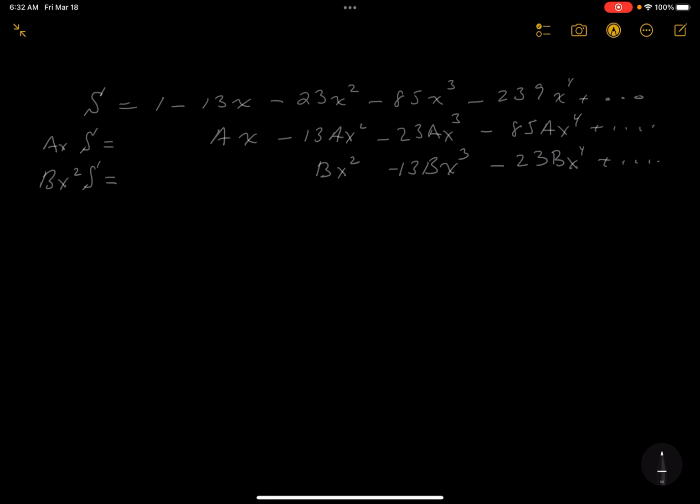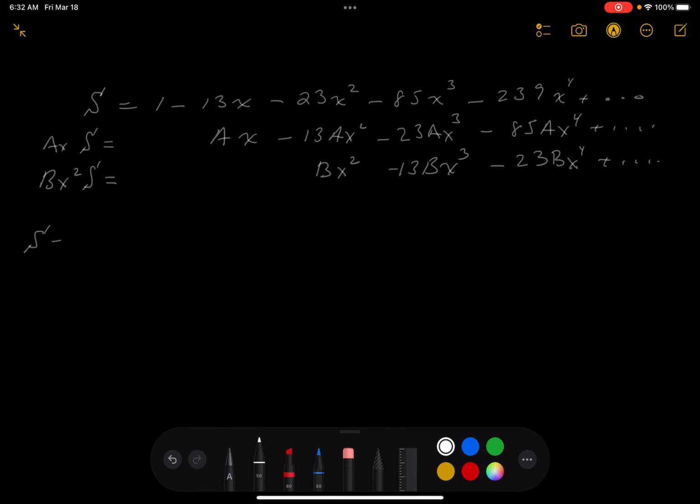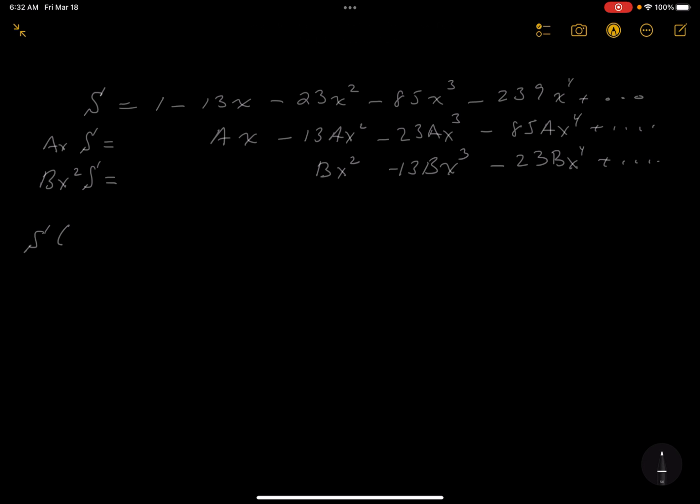So let me write this down. If I add this together, this would be S, I'm sorry, not equals. That would be going too far, wouldn't it? Backwards a little bit. 1 plus ax, I still don't know what a is, plus bx squared equals, well, I want this thing to disappear, I want this to disappear, and I want this to disappear, so forth and so on forever.